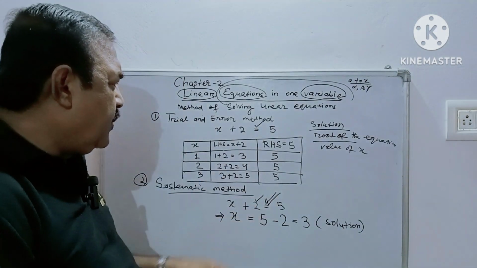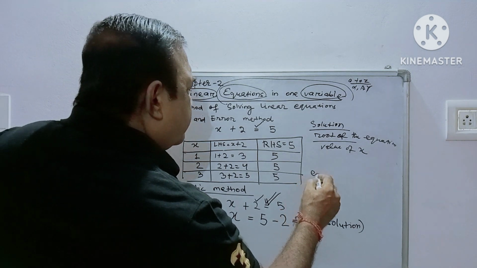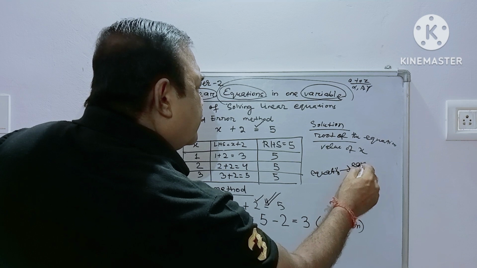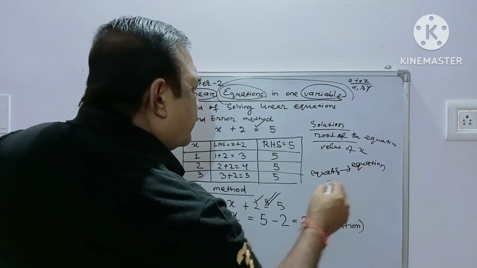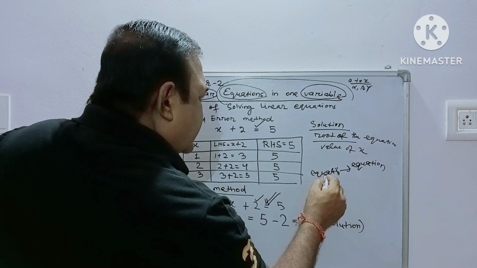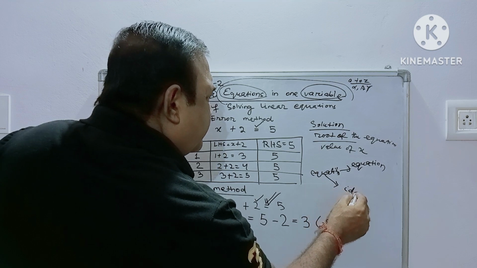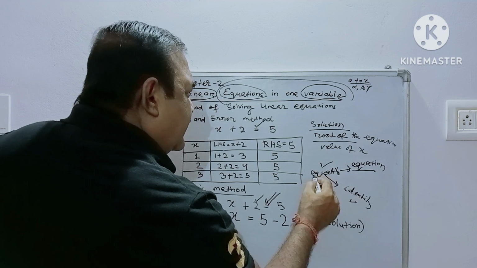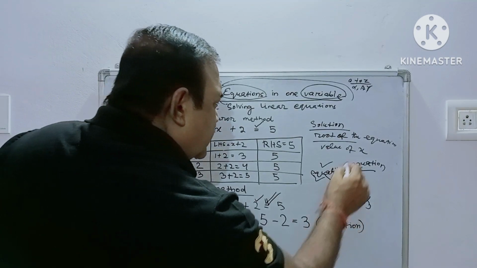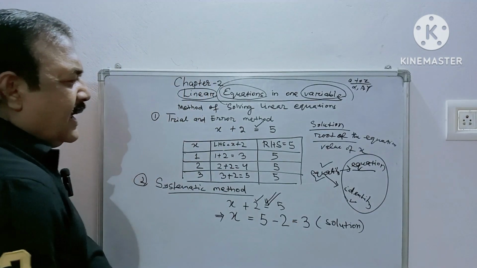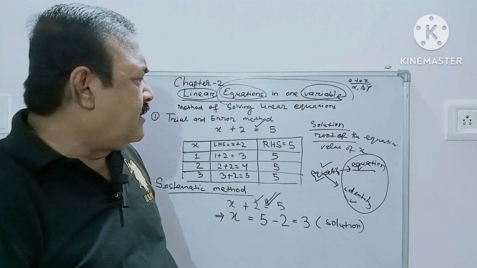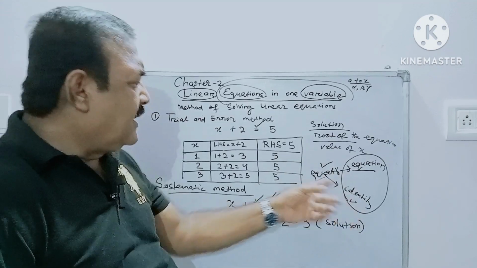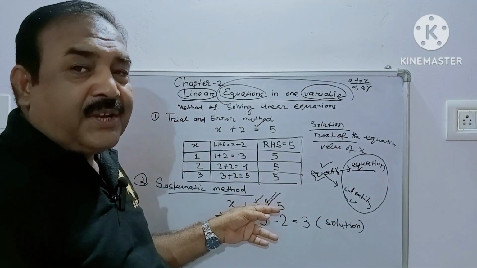But for the time being, the same equality. Equation is an equality, and identity is an equality. But what is the basic difference between an equation and an identity? Both are equalities, and we are using the sign of equality.